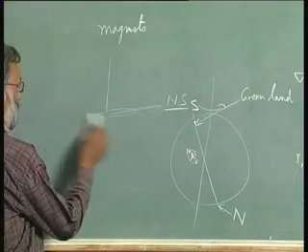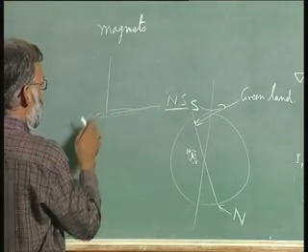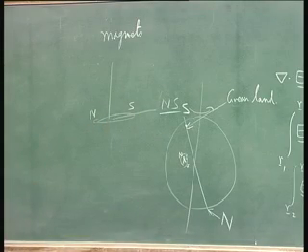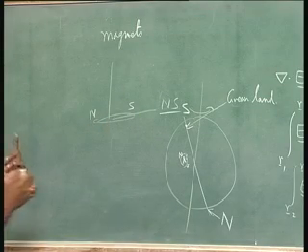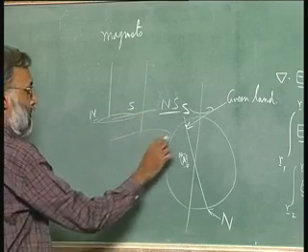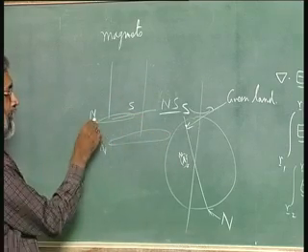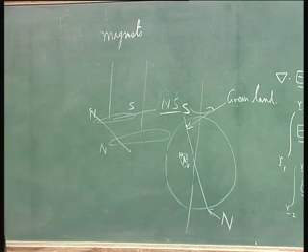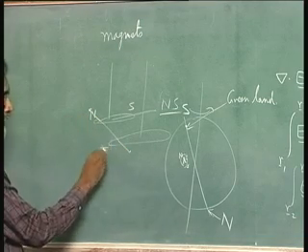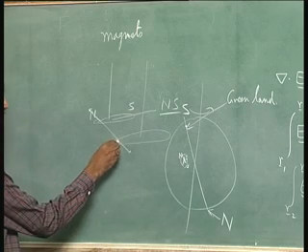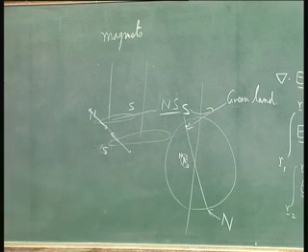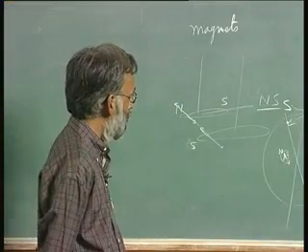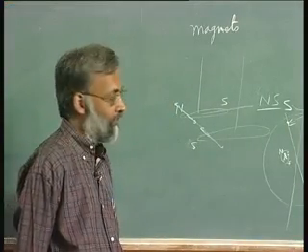This experiment people had done. They brought two magnets and they could identify which was the north and which was the south pole of each magnet. They found that if you brought two north poles close to each other, then there was a force between them which was repelling. Whereas if we brought a north pole and a south pole near, then the force was attracting. And it was also known that this force was inverse square law. It was just like Coulomb's law.